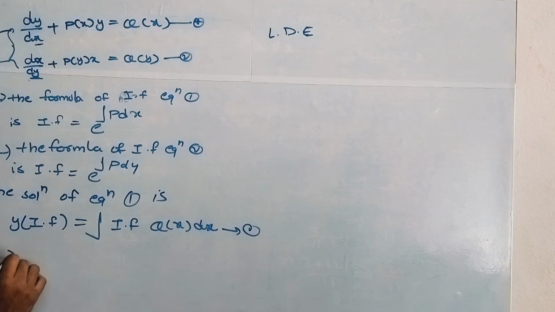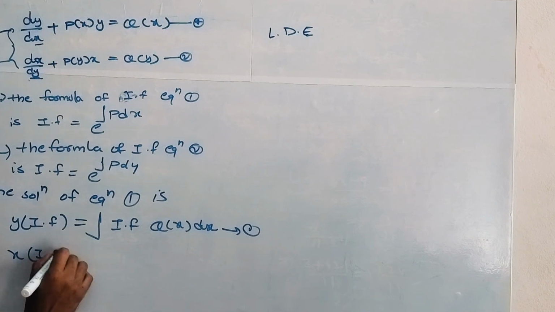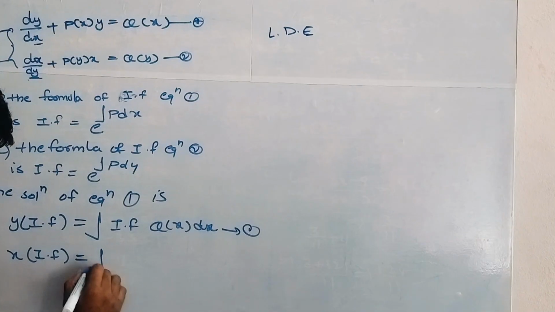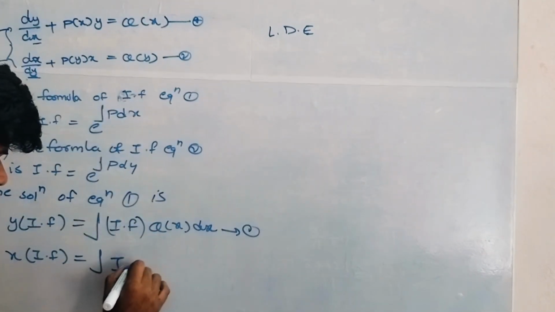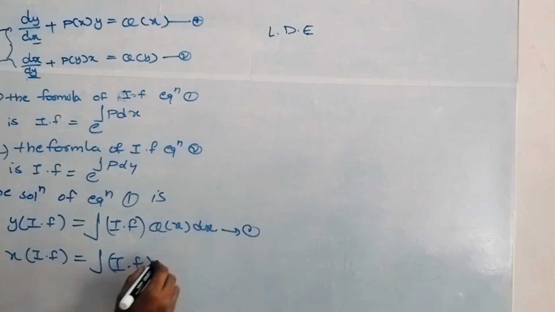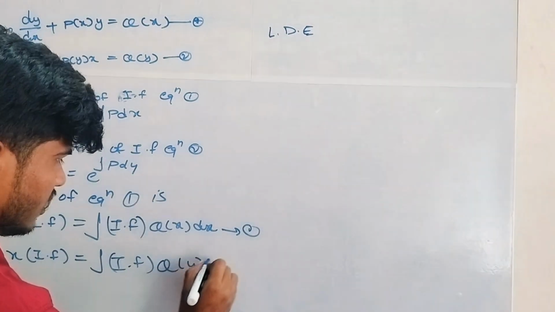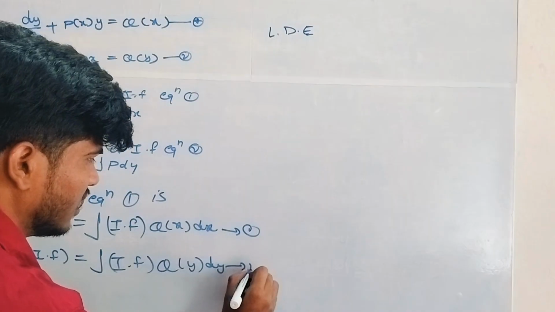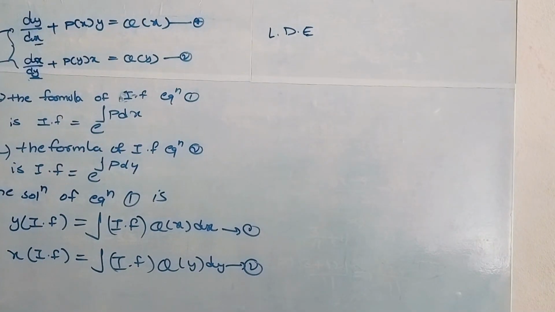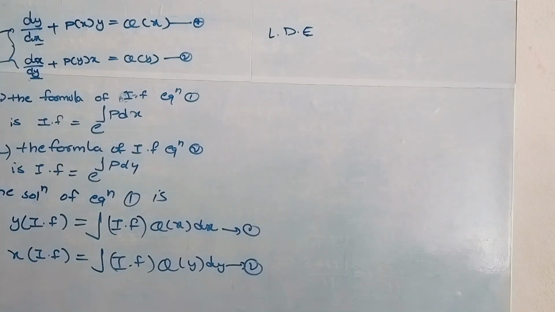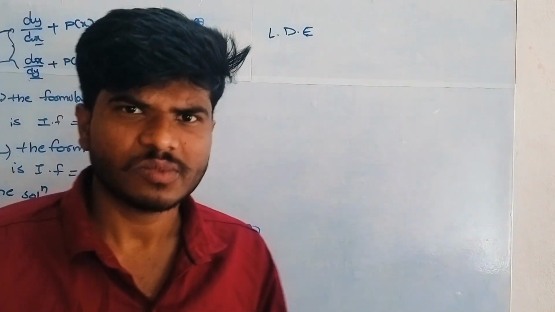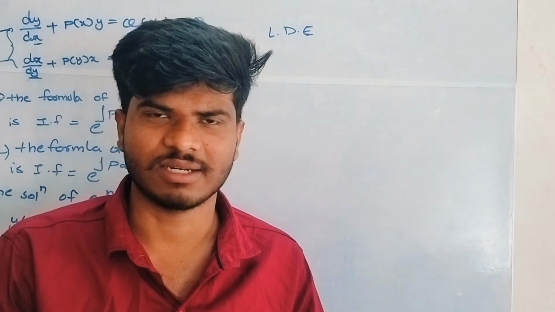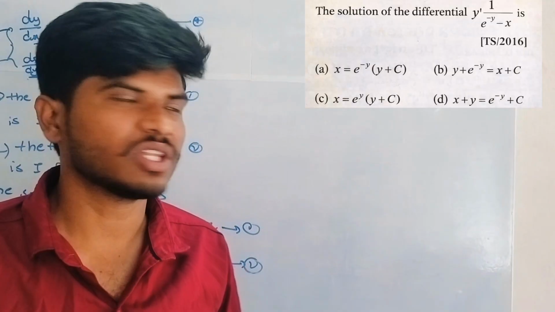And x into integrating factor equal to integral of integrating factor into q of y dy. This is the equation number 2 solution. Now let us discuss some questions on this topic.